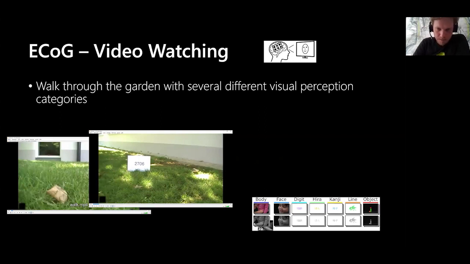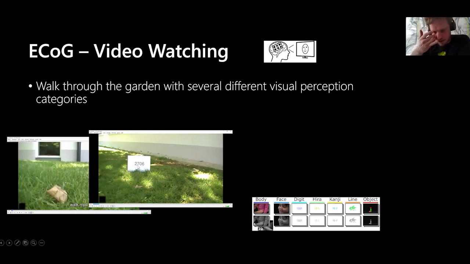During this walk, several different categories of visual stimuli are captured and shown. As an example, here there is a blank sheet of paper with a number written on it.